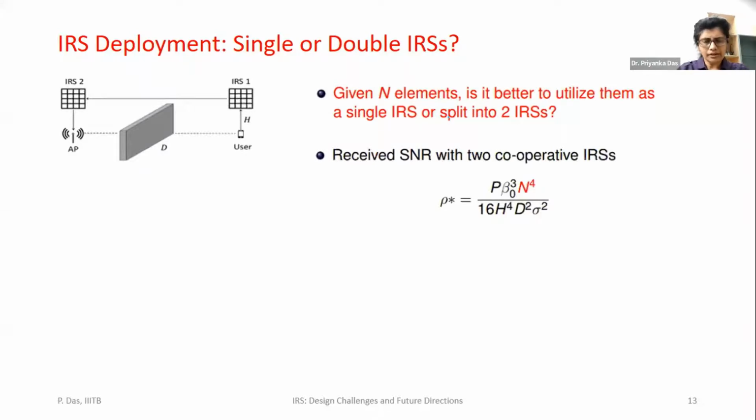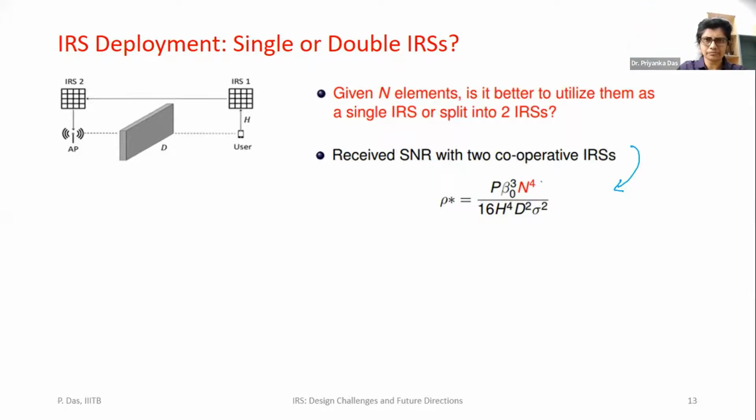Now again they come up with the answer when you split into two, N by 2 and N by 2, and place them one at each end. Because the answer for where to place the IRS is already optimal, at d equal to 0 and d, keeping this in mind you can place them smartly, and you compute the received SNR with basic math.